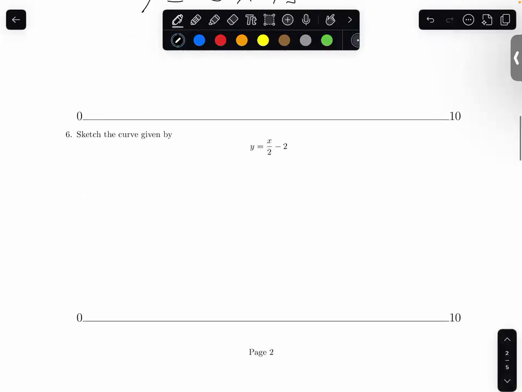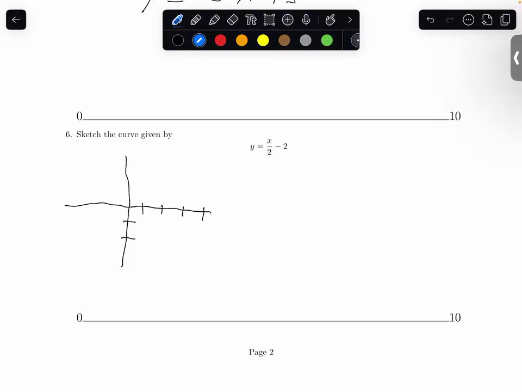This sixth one wants us to sketch the curve given by y is equal to x halves minus 2. So this is technically not a curve, but neither here nor there. I'm just going to sketch out a Cartesian coordinate plane, and let me note these points in blue to distinguish what we're doing.